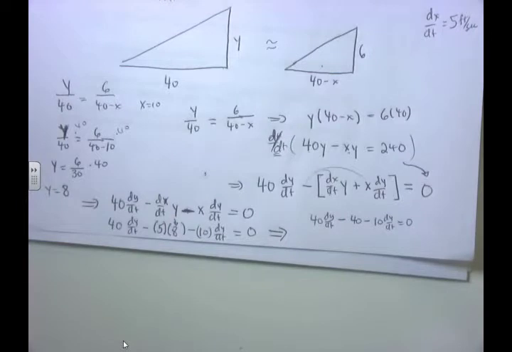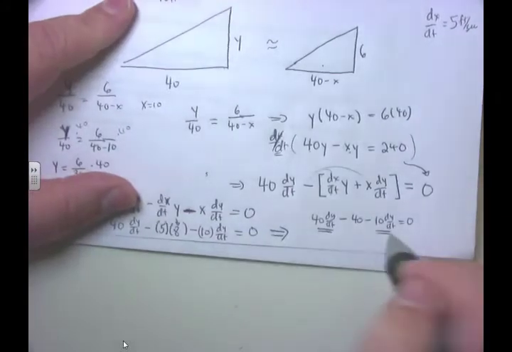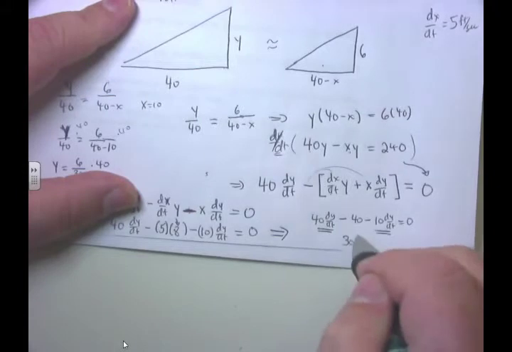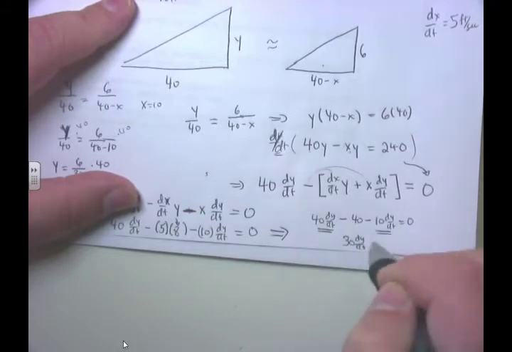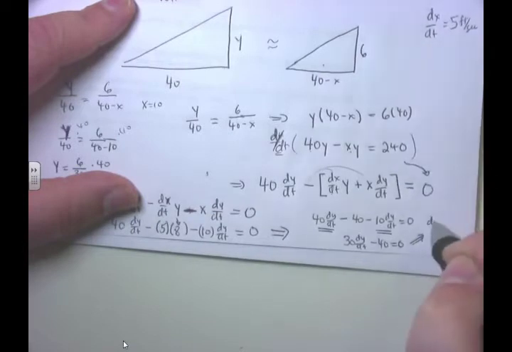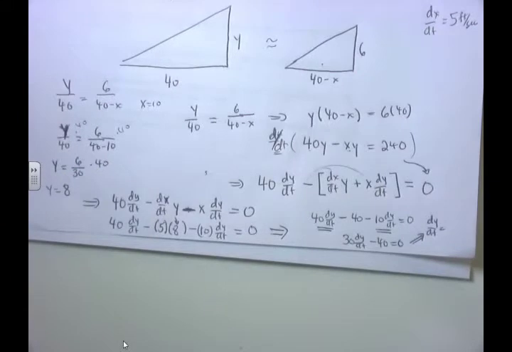Have I lost you guys anywhere? All right. Solve for dy/dt. Combine like terms. What's 40 dy/dt minus 10 dy/dt? 30 dy/dt minus 40 equals 0. You can go ahead and solve for it. What do you get for dy/dt?